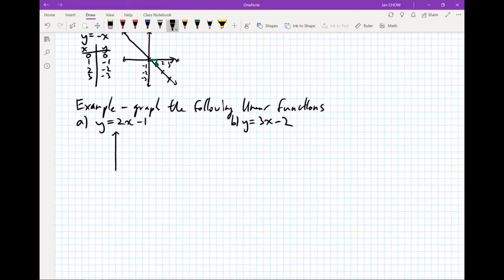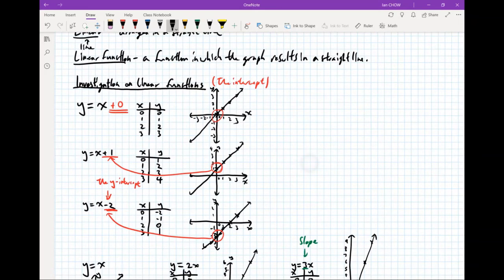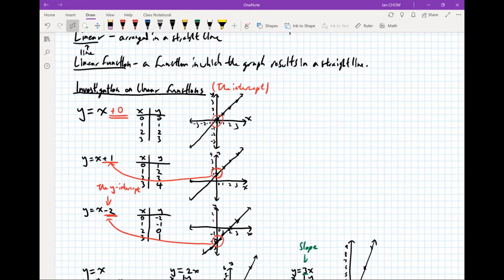Without even drawing a table, I'm first going to draw my xy axis like this. So we have our x, we have our y, and that's going to be 0, 1, 2, 3, 4, and 1, 2, 3, 4. Now remember, at the very beginning we started off with the intercept, and whatever that plus or minus number is, that is where it crosses through the y-axis.